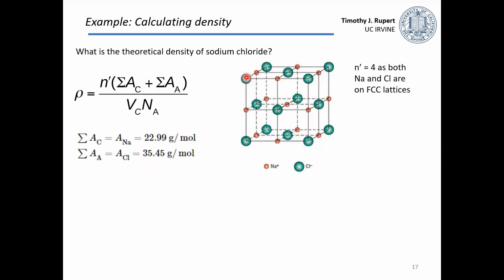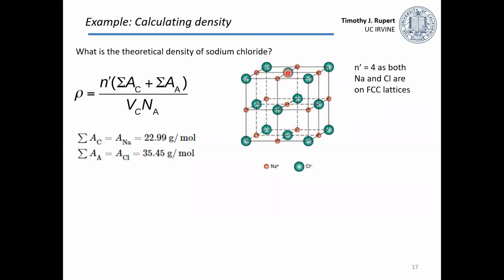So let's start with the chlorine. There's going to be 1, 2, 3, 4, 5, 6, 7, 8 corner atoms. But remember, those are shared amongst 8 cells. So there's 1 corner atom per cell. We have 1, 2, 3, 4, 5, 6 face-centered atoms. But again, those are shared between 2 cells.